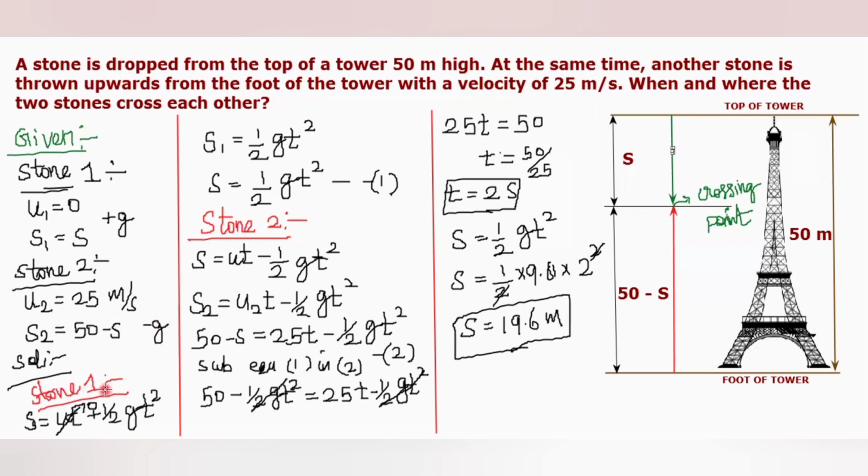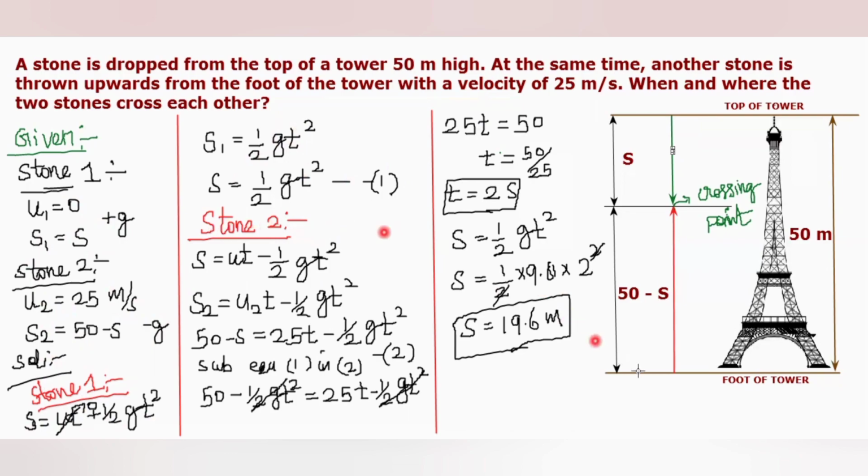So for stone 1, S equals ut plus 1/2 gt². Initial velocity is 0, so the first term is eliminated, and S1 equals 1/2 gt². This is the first equation.